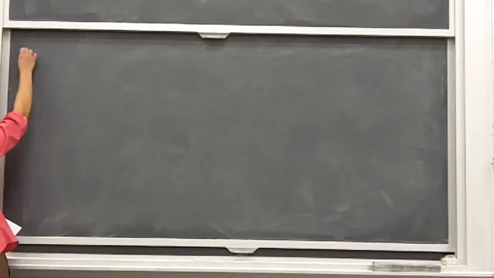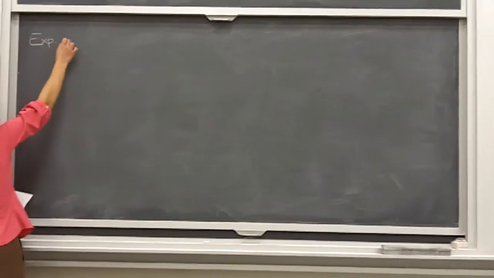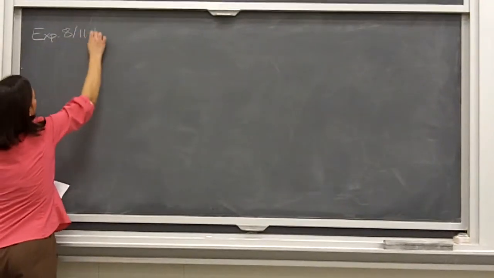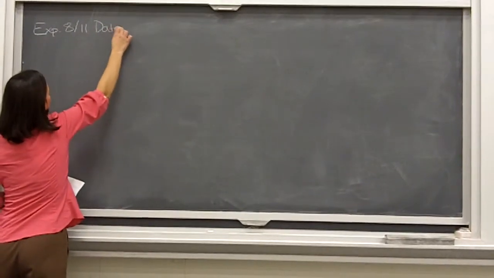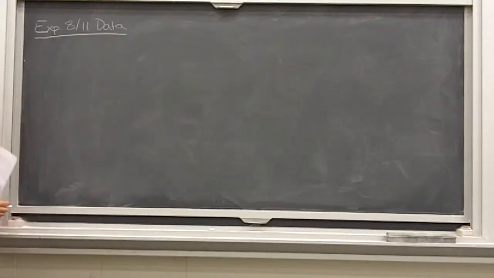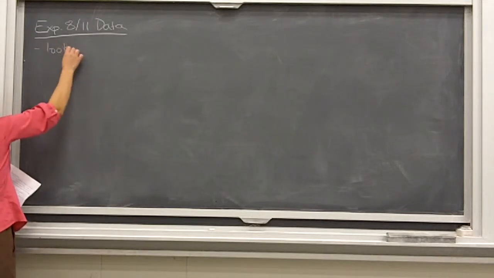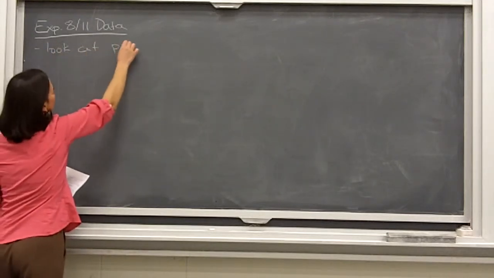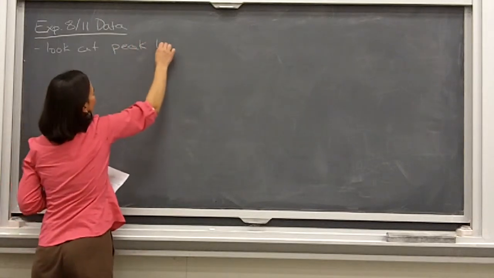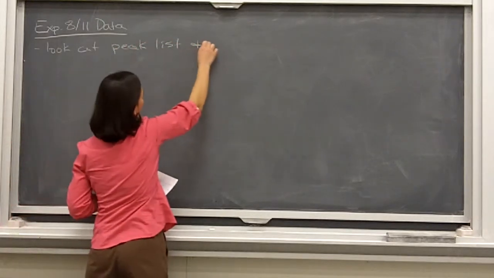Okay, a couple things I want to talk about with your experiment 8 and 11 GC data real quick before we talk about experiment 12 and 13. With your experiment 8 and 11 GC data, make sure you look at the peak list and the chromatogram, okay?